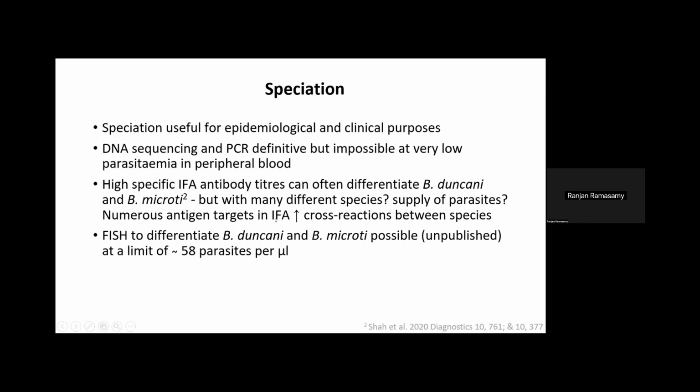There is a possibility of cross-reaction, but in experienced hands this is not too much of a problem, it is a minor problem. But if you want to extend the IFA test to the other species of Babesia, the supply of parasites in hamsters becomes a problem, and these are not readily available.